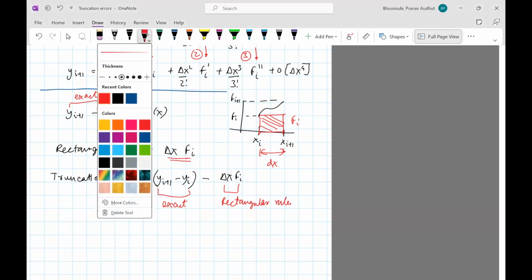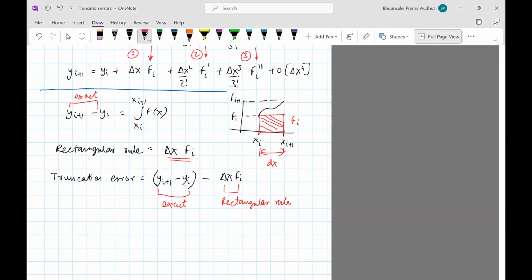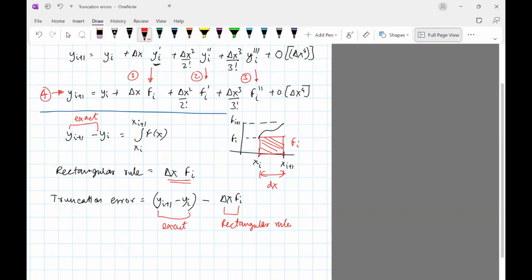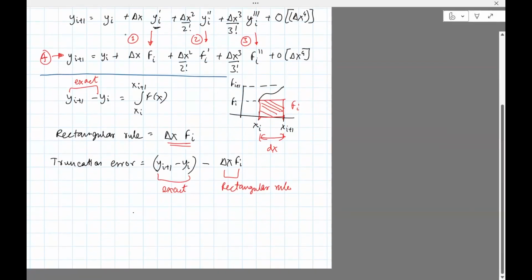Now let's use this equation here. Let's call this equation 4. From equation 4, we can see that the truncation error is, you take this and subtract yi and delta x fi, and you're left with delta x squared divided by 2 factorial fi prime, plus delta x cube divided by 3 factorial, plus terms of order delta x to the 4.